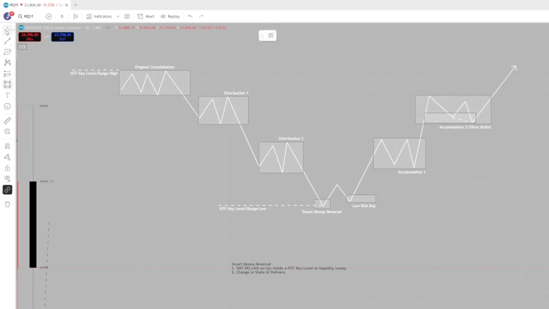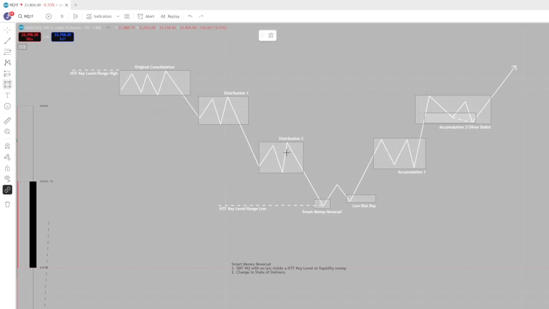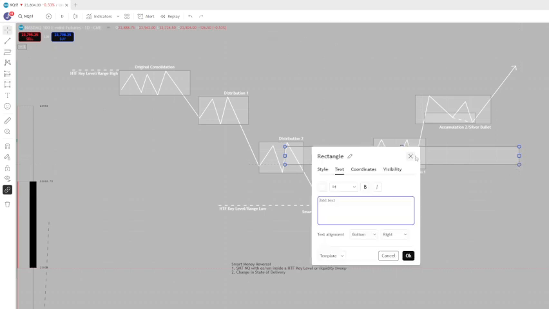So how to enter on this buy side of the curve: you take the mitigation blocks from the left side of the curve and pair them with PD arrays on the right.